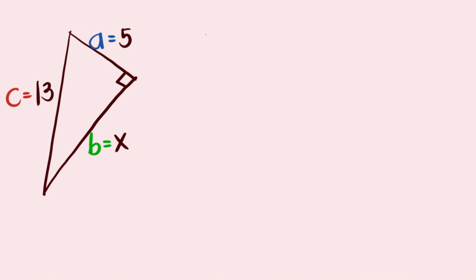Now let's write the formula. We have a squared plus b squared is equal to c squared. The length of a is 5, so we have 5 squared.